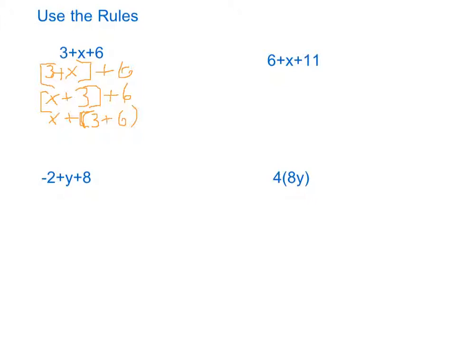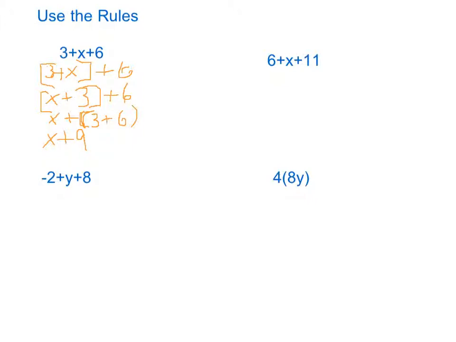Now I'm going to use the associative property, and rather than add the x plus 3, we'll add the x plus 6, or the 3 plus the 6. And that leaves me with x plus 9. I can't really do anything more than that because I can't add my variables onto my integer. So I'm left with x plus 9.